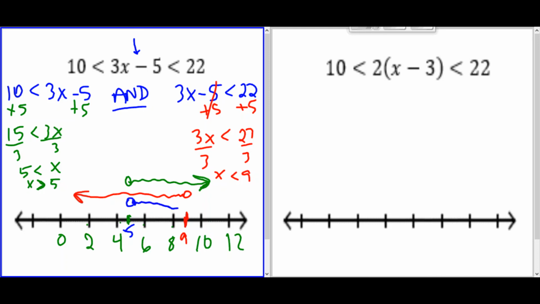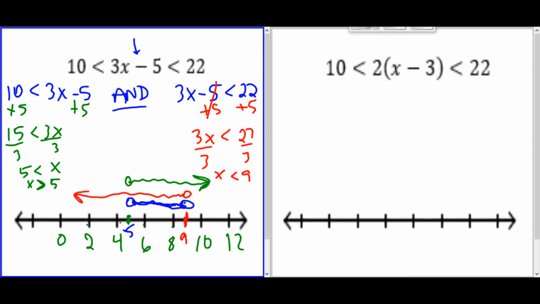And I'm going to go all the way up to 9. I'm going to stop at 9 because my red doesn't go any further than 9. Remember, it has to satisfy both inequalities. So anything in between 5 and 9, not including 5 and 9, will make both of these inequalities, x is bigger than 5 and x is less than 9, true, because it satisfies both of those inequalities.